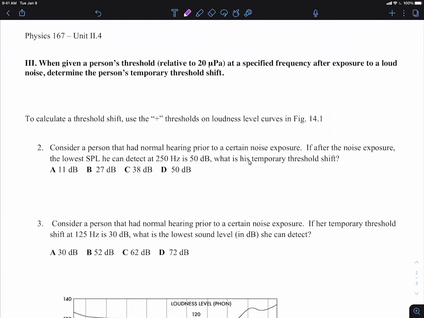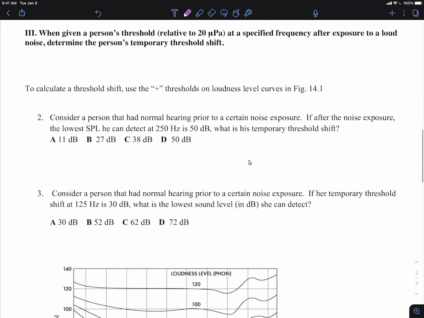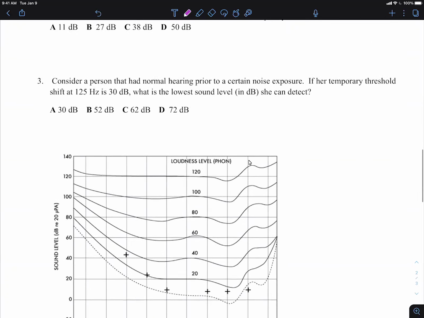Now we get into this idea of a temporary threshold shift and trying to relate the audiograms to the equal loudness contours. So this is a big key here, okay? The plus thresholds on the loudness level contours equal the 0 dB line on the audiogram. Okay, that's the important thing.